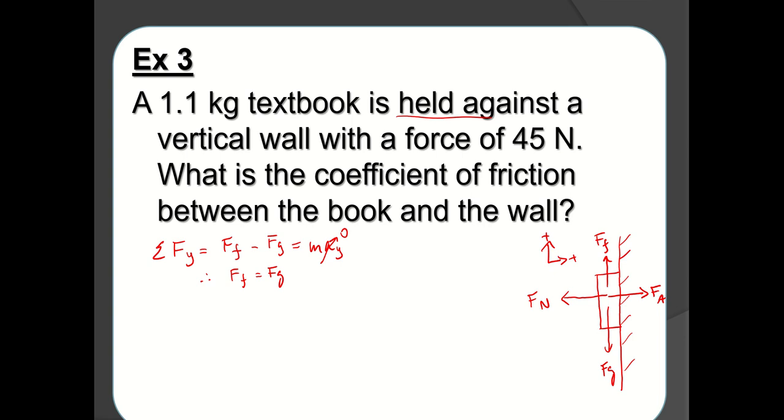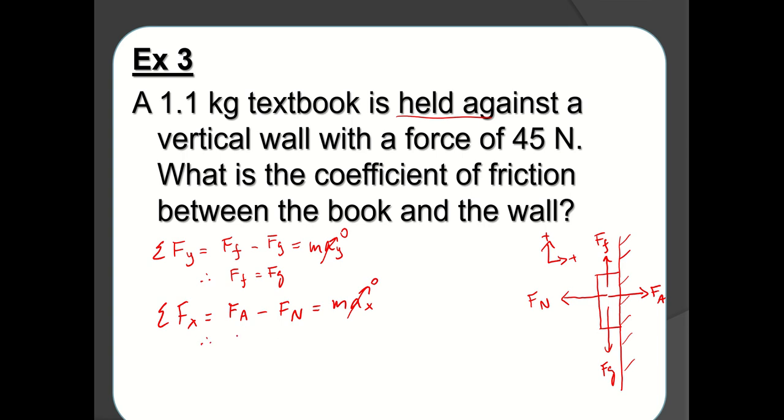Next, I guess I should have started with the x direction so we could find the Fn first, but that's okay. For the x direction, we have the forces F applied minus the normal force equal to mass times the acceleration in the x direction. Again, it's not moving, so the acceleration is 0.